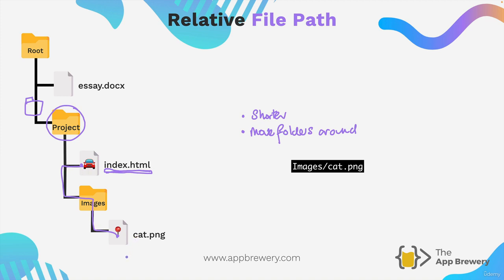In web development, when we're referring to a particular resource, say we want to bring up an image or sound or a movie or another HTML file for that matter, we usually will use a relative file path.